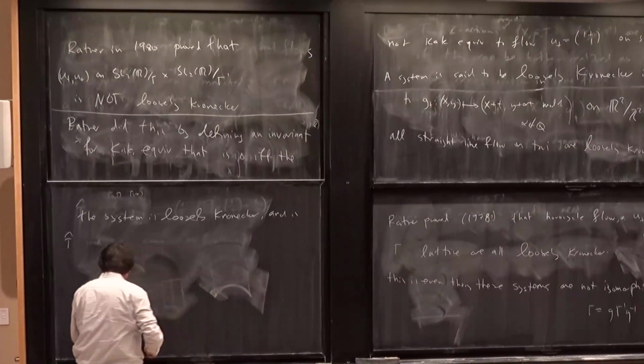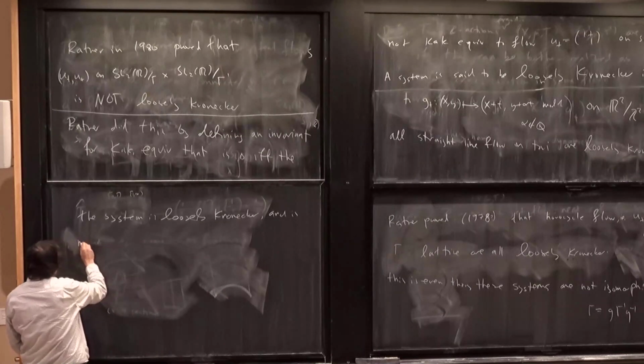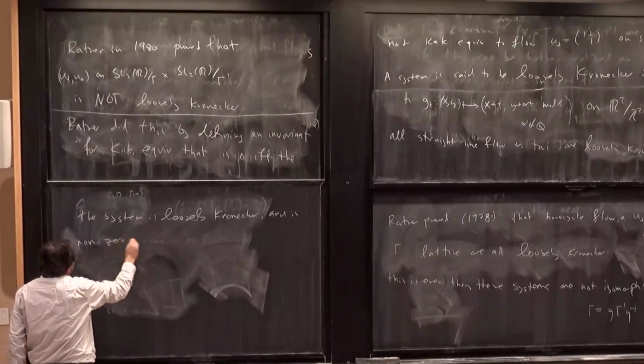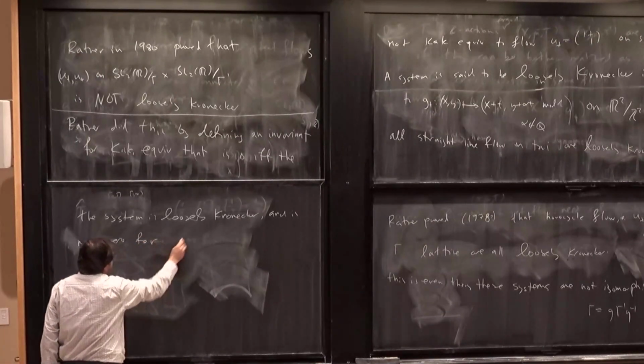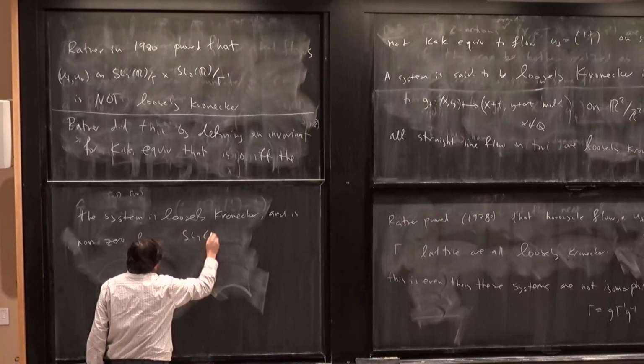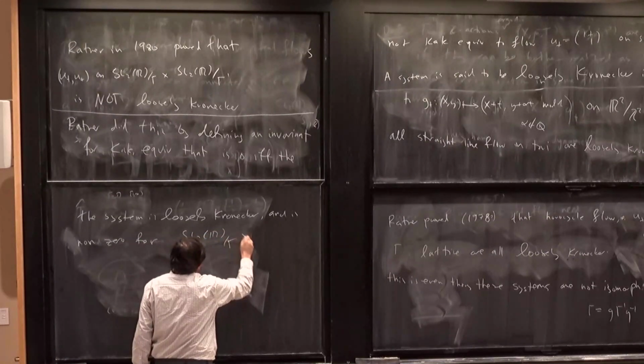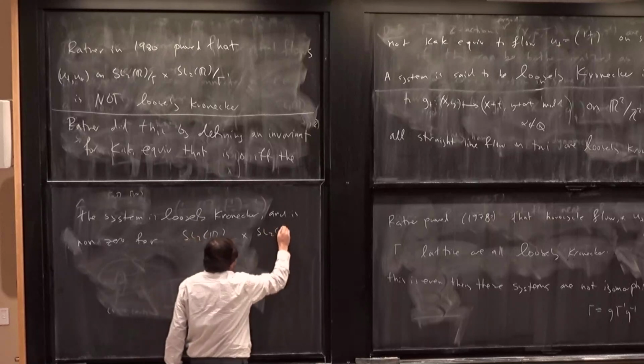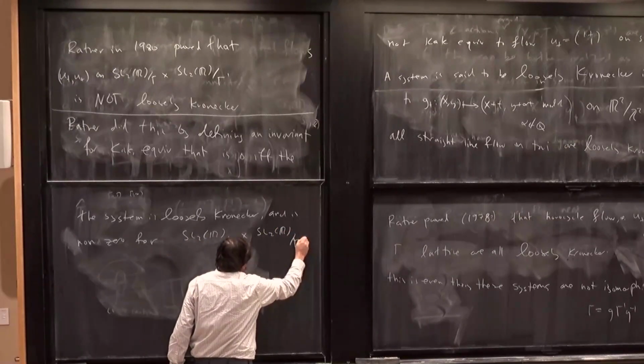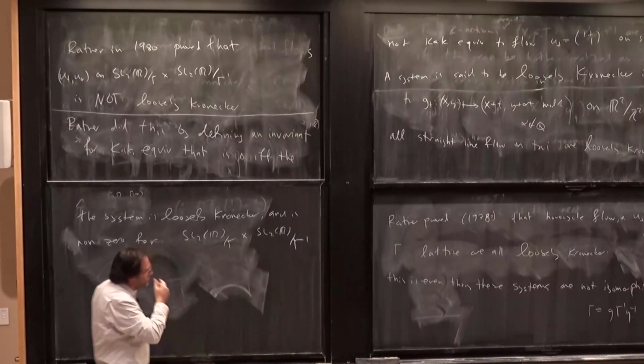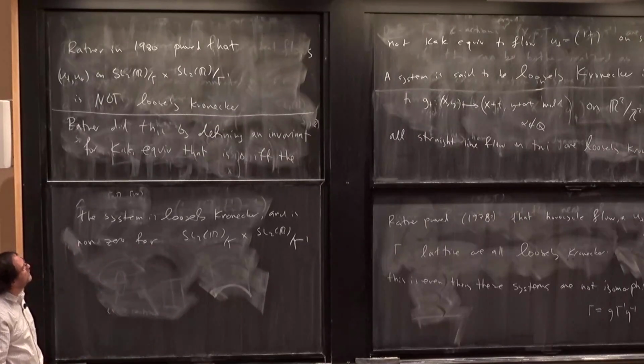In fact, she essentially calculated it for SL2R modulo gamma times SL2R modulo gamma prime. She actually calculated it, or almost calculated it, in her paper.